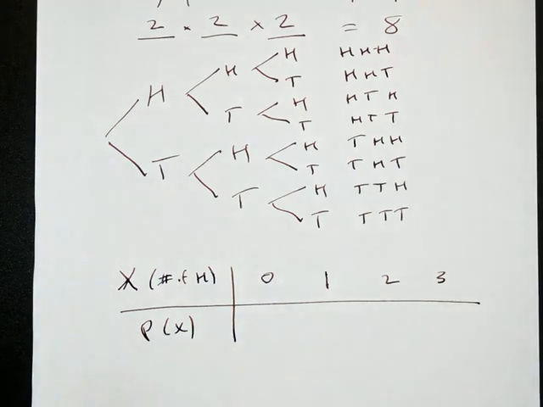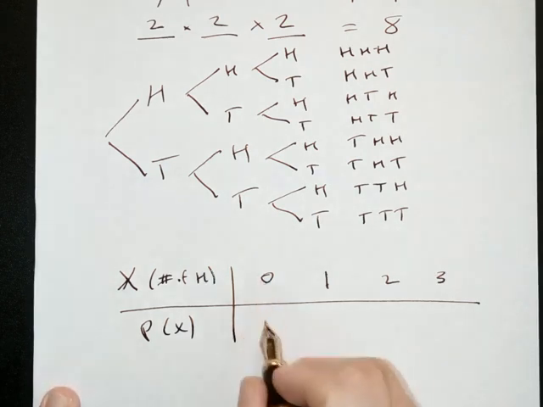How many of those options up there have no heads in them? Just the one down here. Out of 8, so the probability of no heads is 1/8.